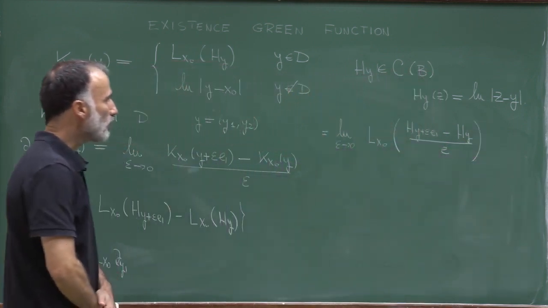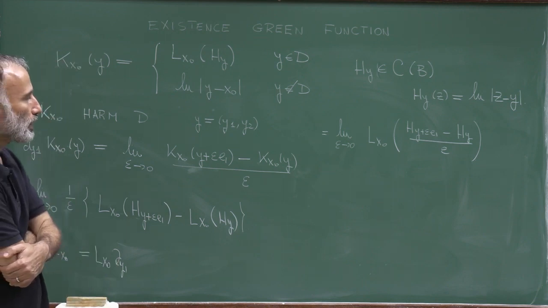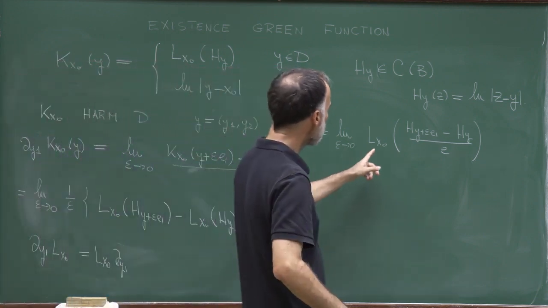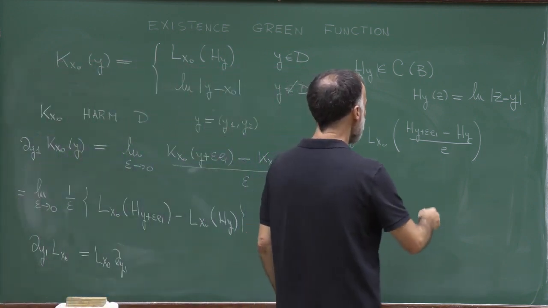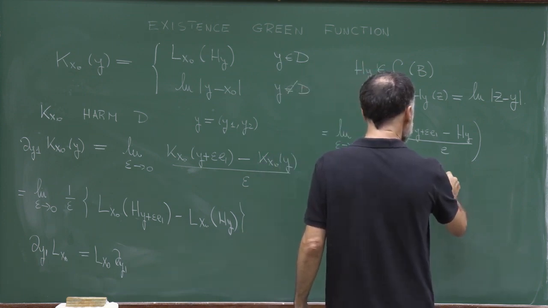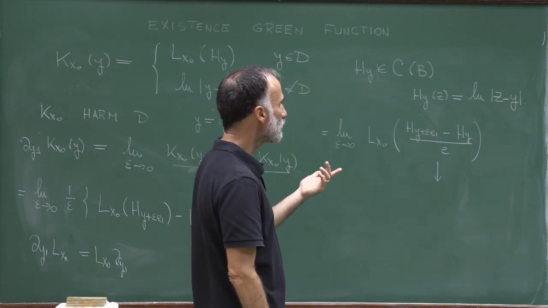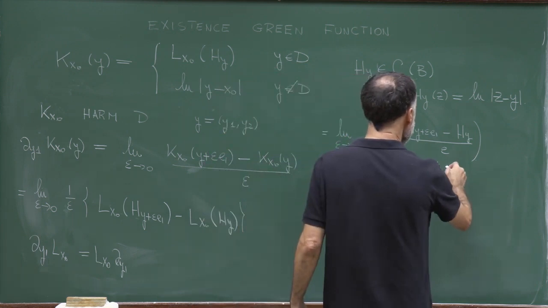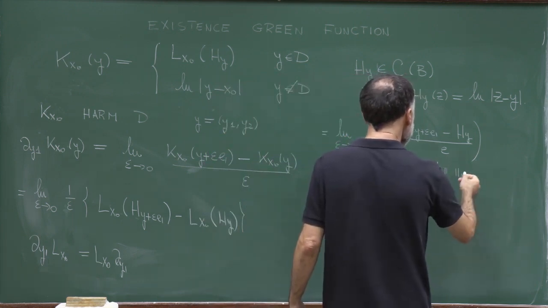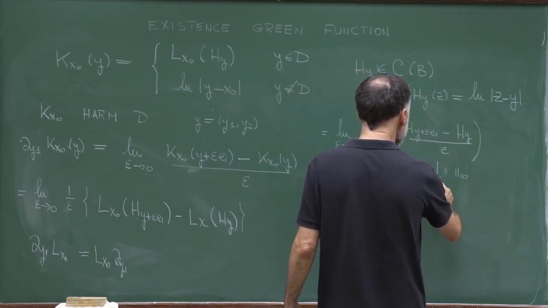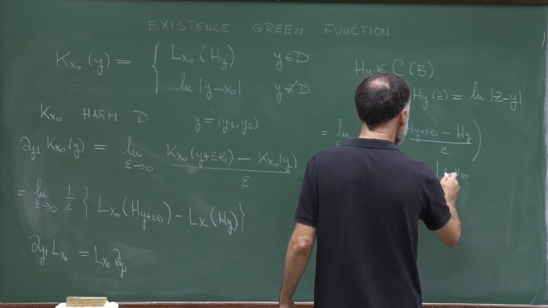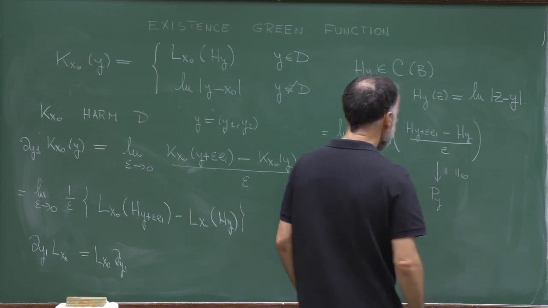And I want to now consider this limit. So you see, L is a bounded linear functional. So if I can show that this sequence of continuous functions converges in L infinity to a function, let me represent it by, I don't know, P of y.